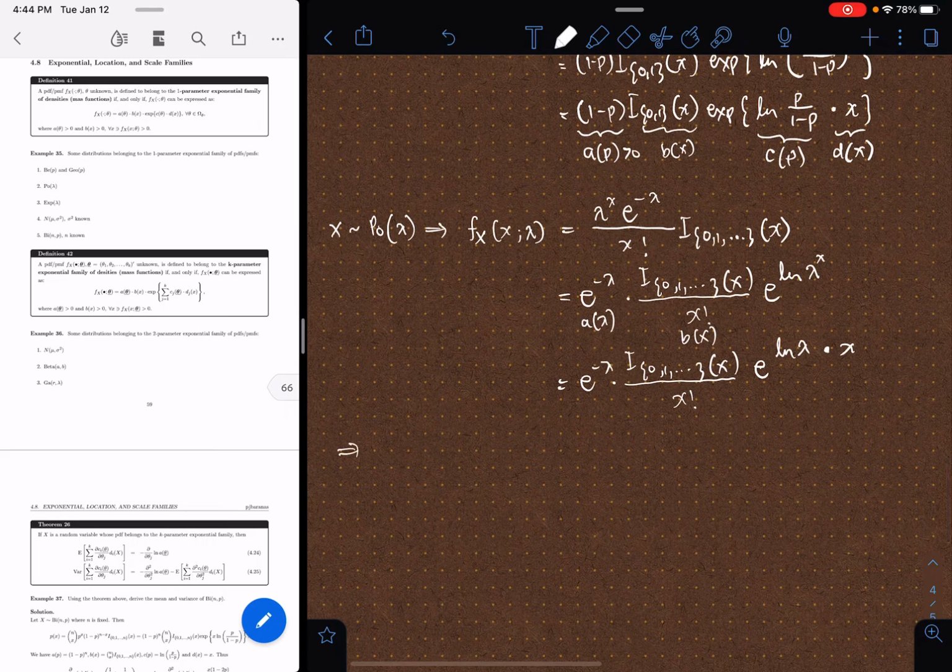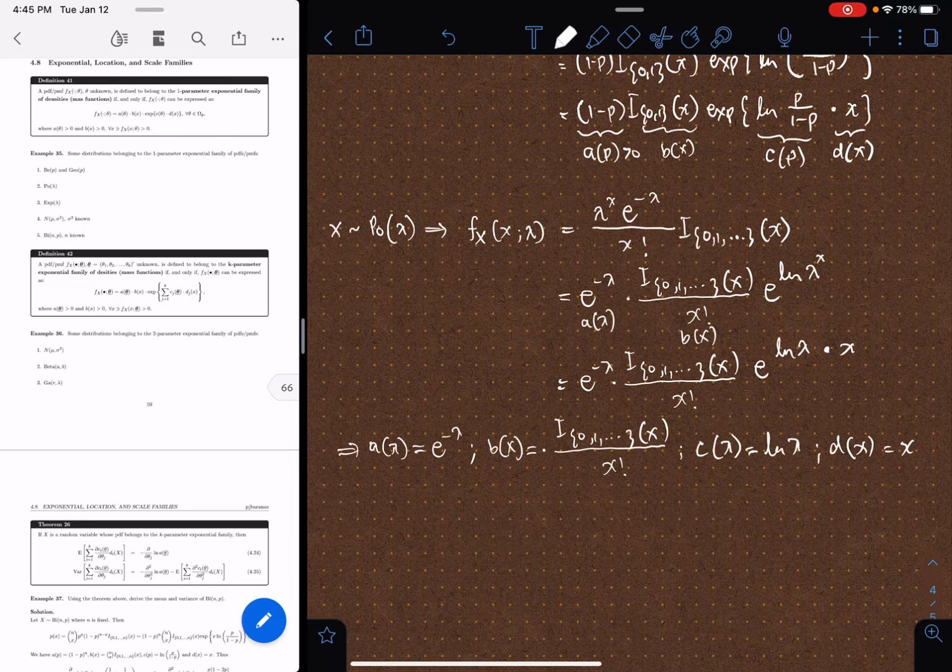So, ang a of lambda natin is equal to e to the minus lambda, b of x is equal to this one. Tapos, yung c of lambda is equal to ln of lambda. And d of x is equal to x. Therefore, the Poisson mass function belongs to the one-parameter exponential family of mass function.